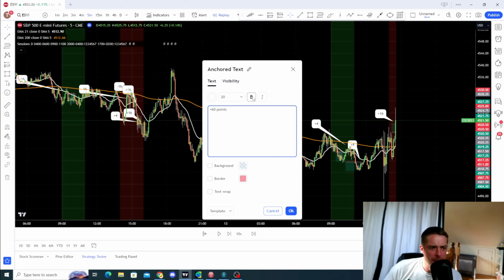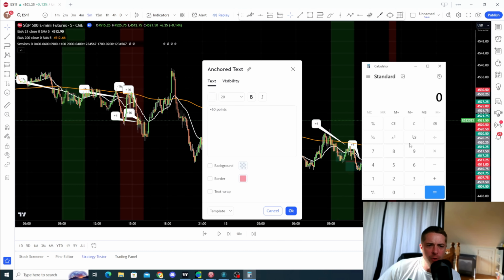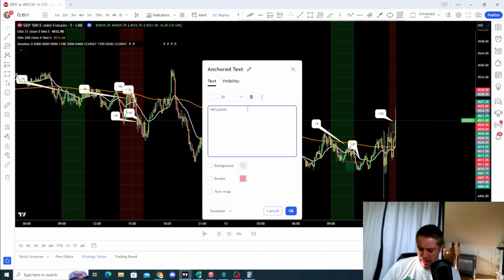Now, every 4 points would be, let me just get my calculator up here so I can figure it out. Every 4 points is $50. So 60 divided by 4 is 15. $50 times 15. That's $750 in 2 days if you're trading one standard contract.